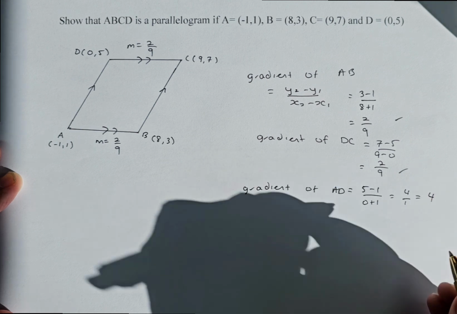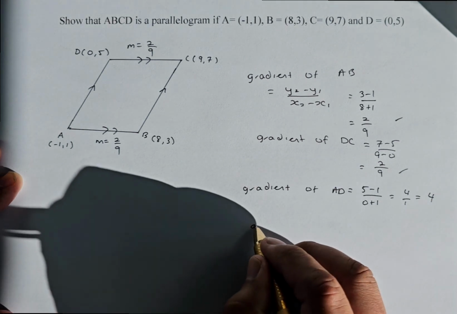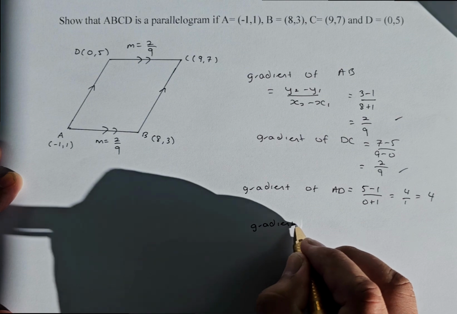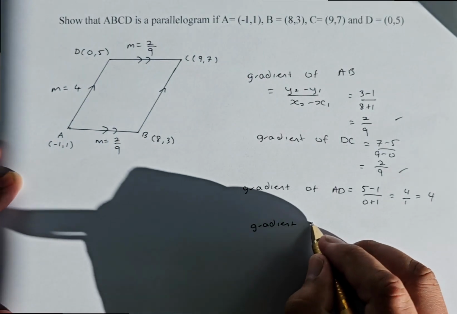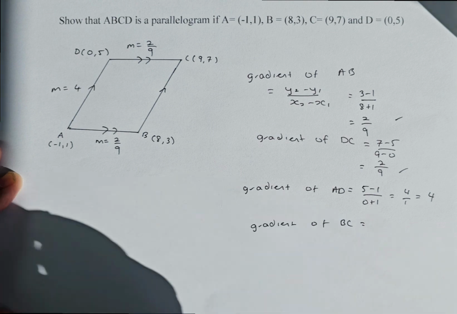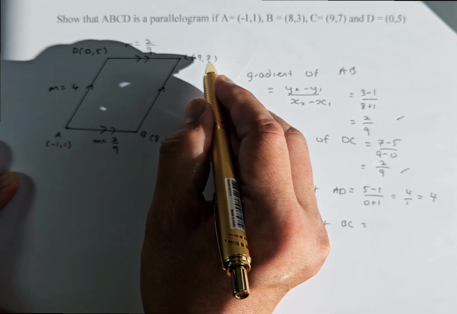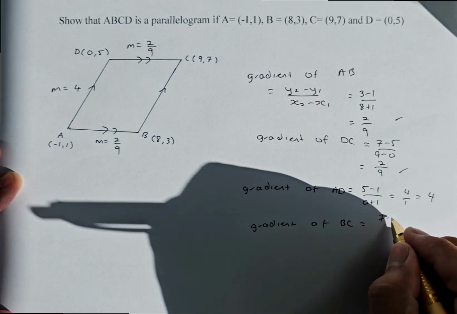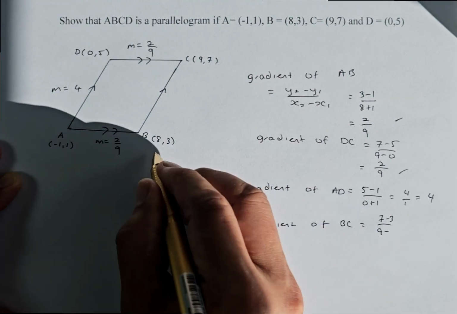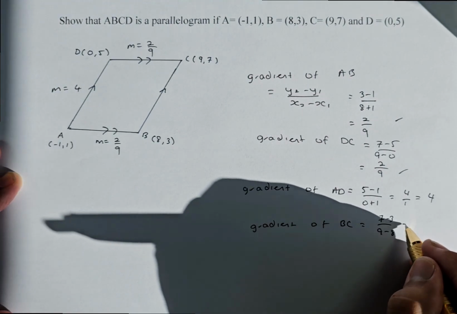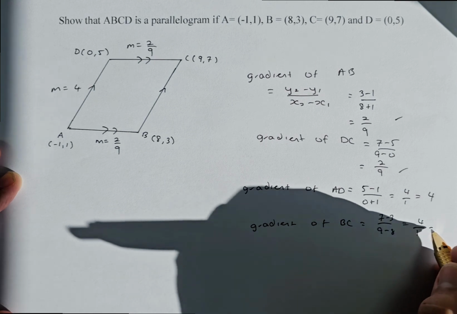So the gradient is 4. Similarly, we need to calculate the gradient of BC. It is again y2 minus y1. So we take the bigger number: 7 minus 3 divided by 9 minus 8, sorry. So it's going to be 7 minus 3 is 4 over 1. And again, it's going to be 4.